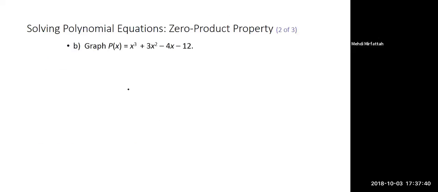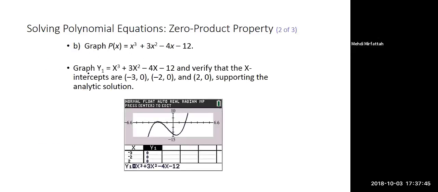Continuing with part B, to graph this, we can enter the equation into our graphing calculator, and it confirms that the graph intercepts the x-axis at the points we calculated, negative 3, negative 2, and also 2.